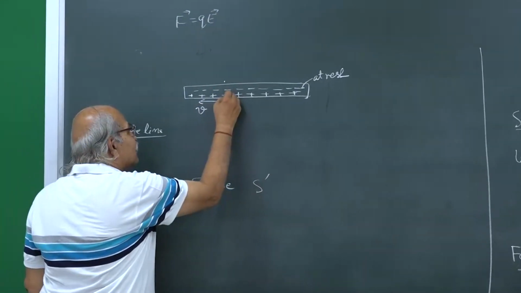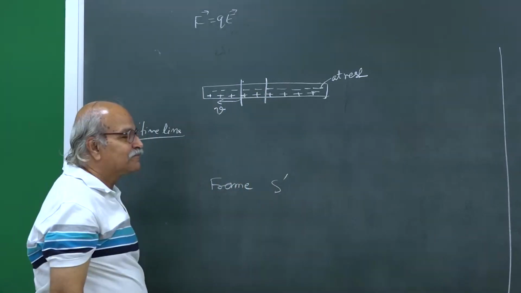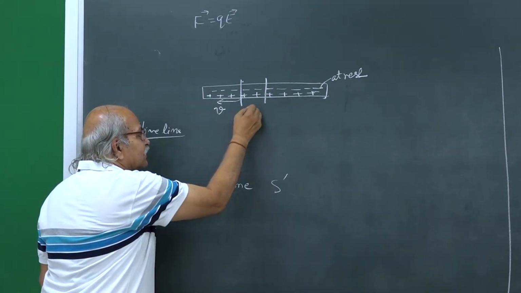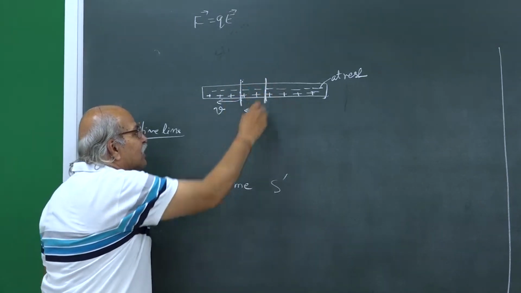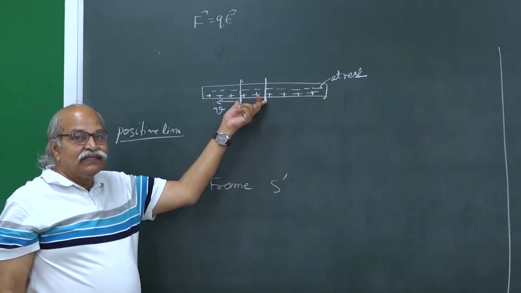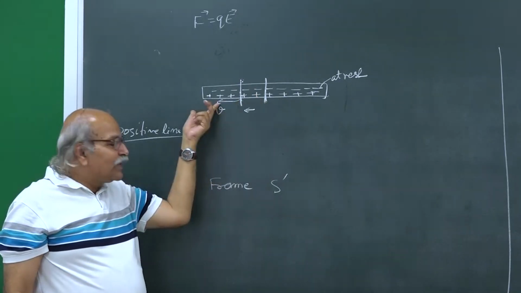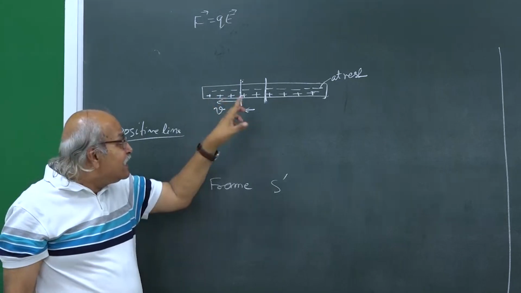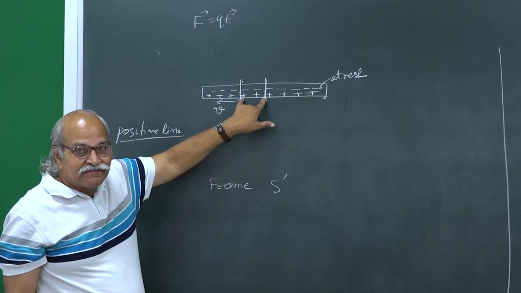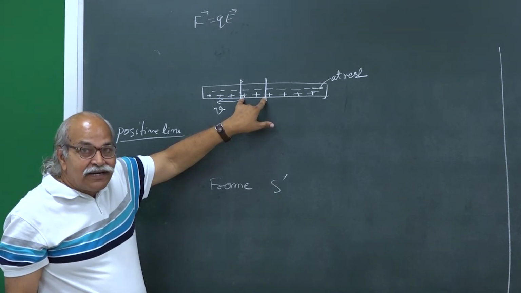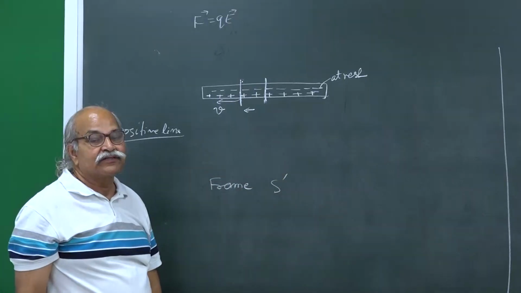I am only looking at this positive line. So, in S prime frame, the separation between this red mark and the red mark here, that is what I want to measure, it is moving. So, the length between these two red marks on the positive line is smaller in S prime and is larger in S.